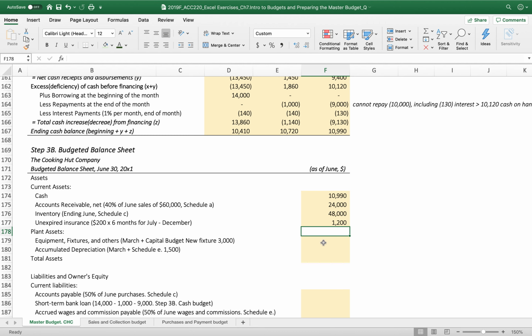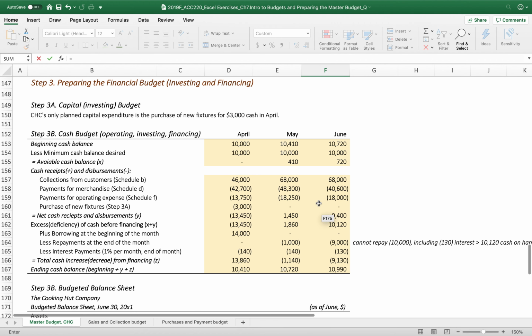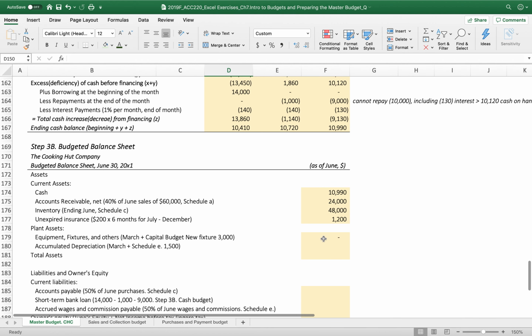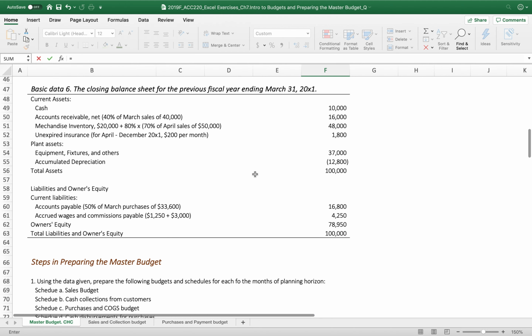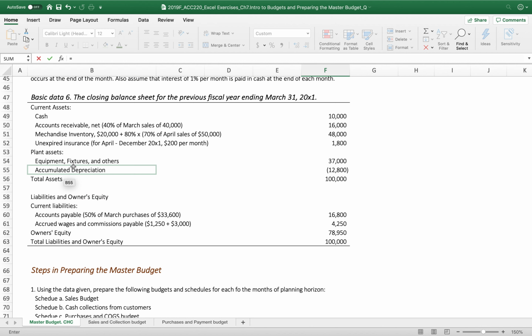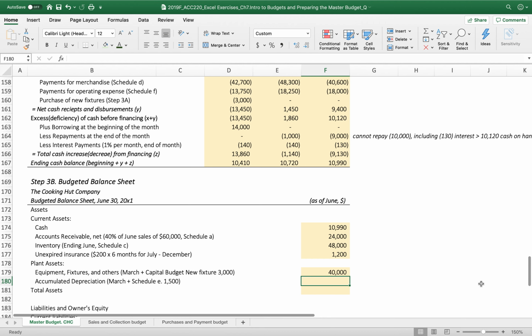Okay, and then plant asset is equipment, fixture, and others. The March amount plus capital budget, the new fixture we purchased for $3,000 here. So that is the March amount of equipment, fixture and others, 37,000 plus 3,000. Then 40,000 is equipment and fixture and others.